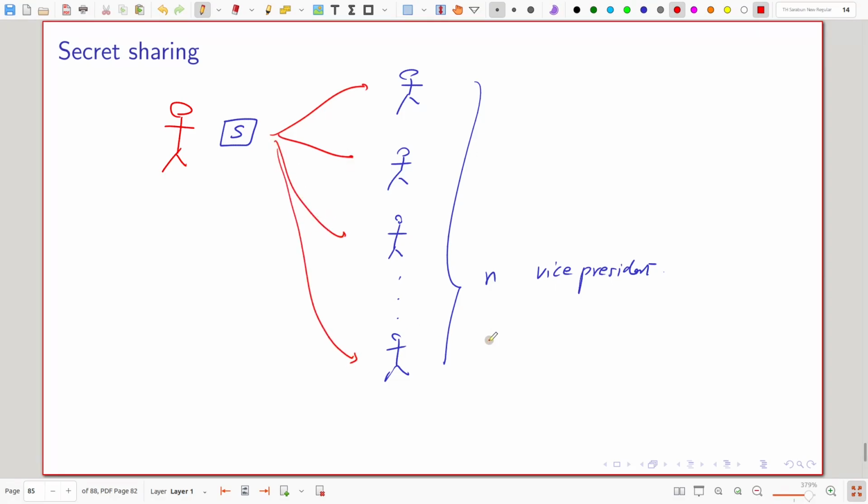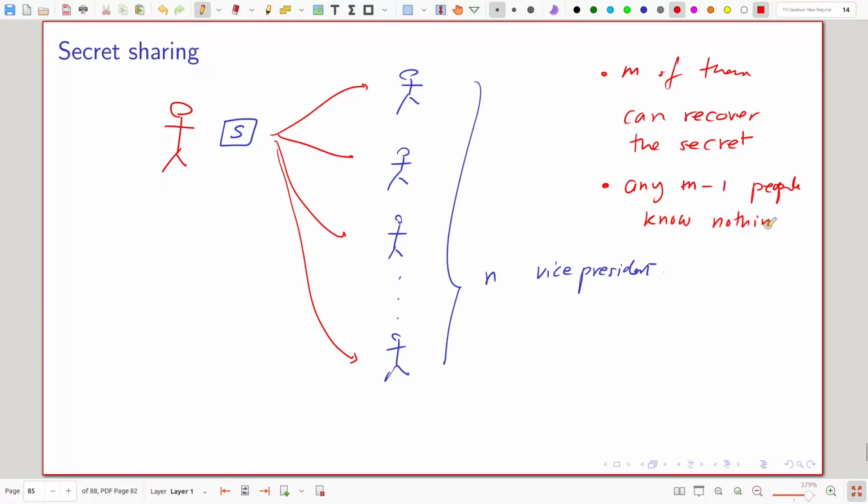You want to share the secret with N people in such a way that if M of them get together, they can recover the secret. And any M-1 people know nothing. They don't have any knowledge of S at all.